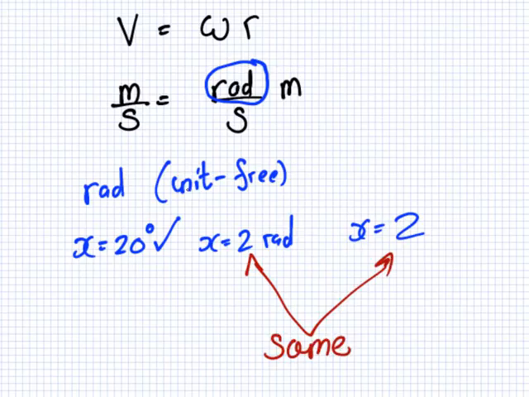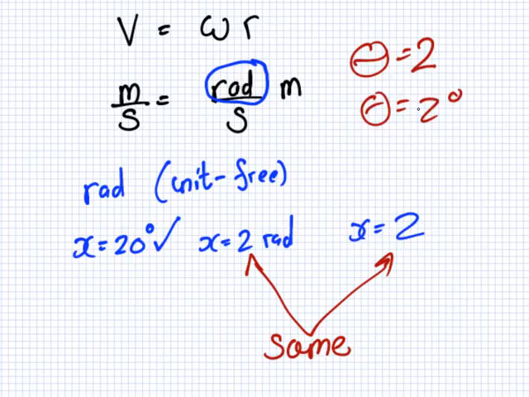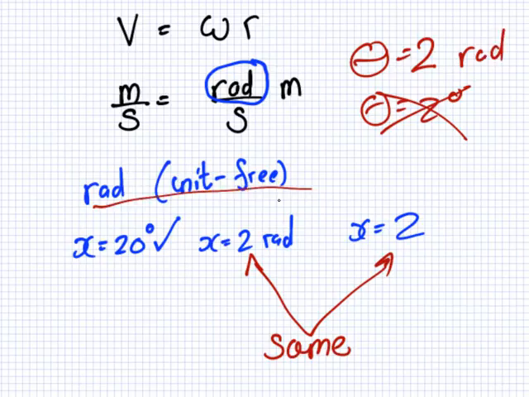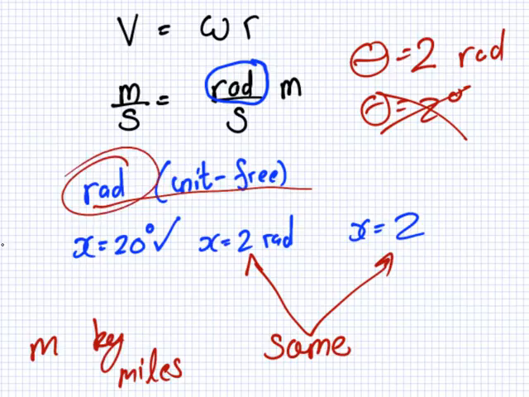In other words, the radian is not something we have to write down. If I wrote down theta equals 2, it means radians automatically. So it doesn't matter if you use meters, kilograms, miles, it doesn't change this.